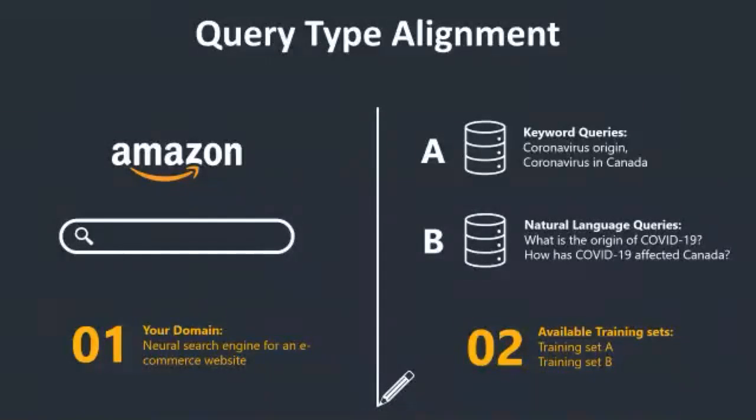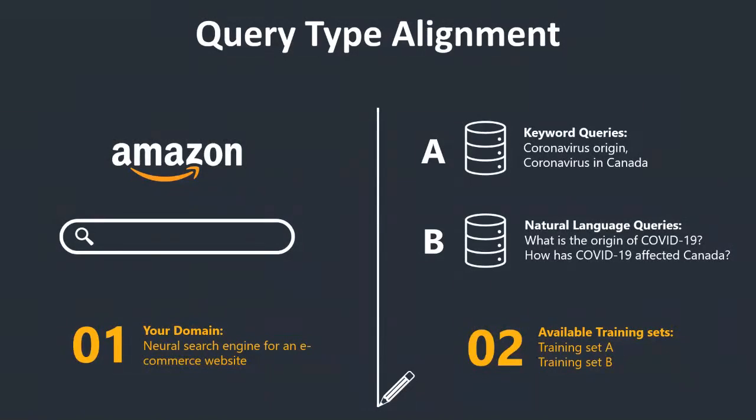To better understand query type alignment, let us consider an example. Imagine that you are designing a neural search engine for an e-commerce website. Should you select a training set that consists of keyword or natural language type queries? Well, in this environment, customers typically use keywords to search for products.